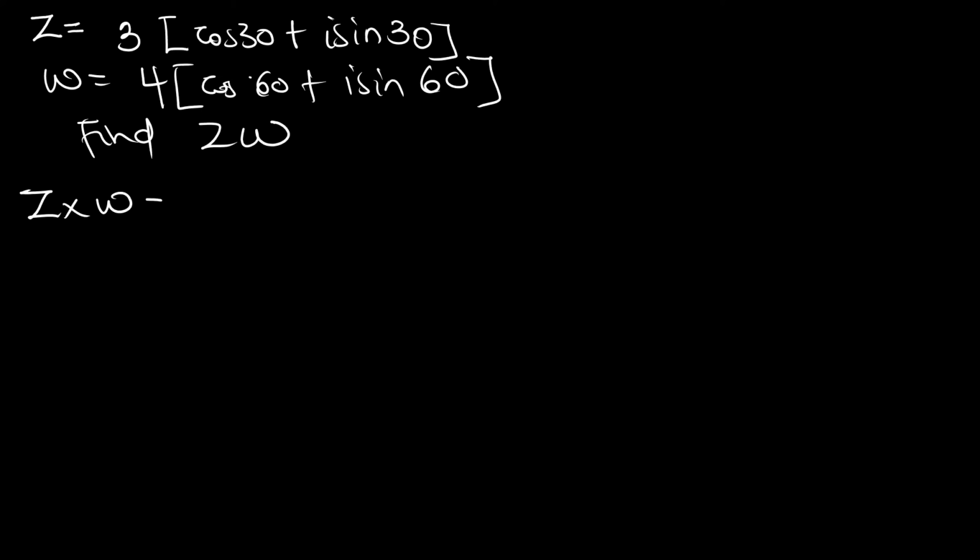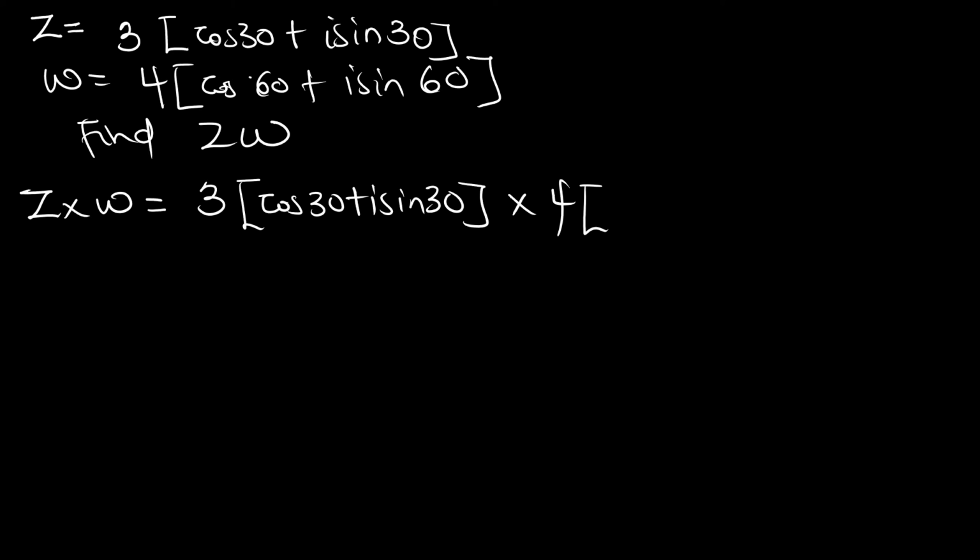It's going to be 3 (cos 30 plus i sin 30) multiplying 4 (cos 60 plus i sin 60). Alright, so our z omega, using the rules for multiplying two complex numbers in the polar form, we multiply the moduli.